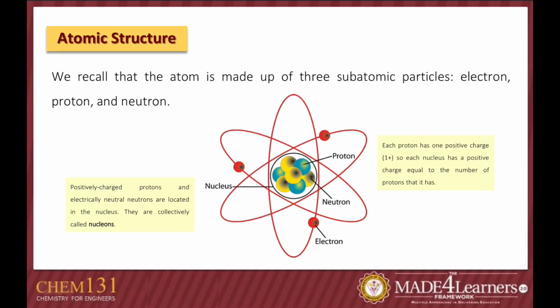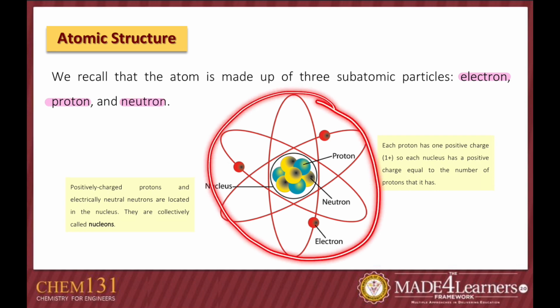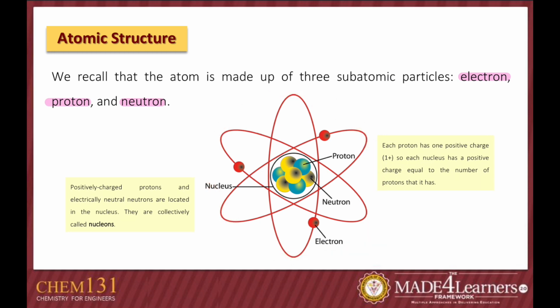So, we recall that the atom is made up of 3 subatomic particles, and these are the electrons, the protons, and the neutrons. So, this figure shows us the structure of the atom, and we can see, right, that there is a nucleus in the middle. And then, this is the atom.